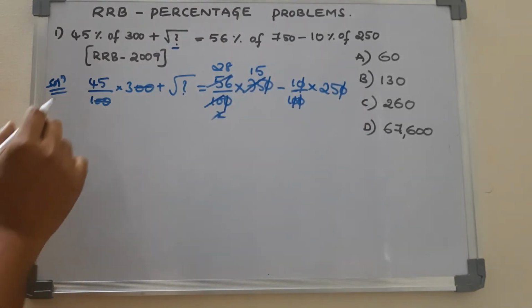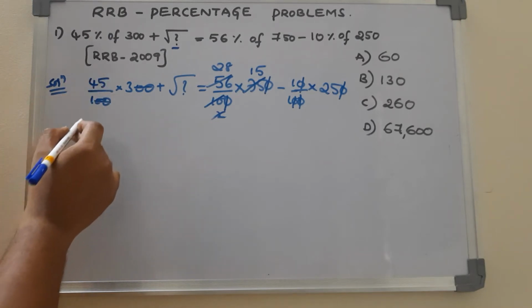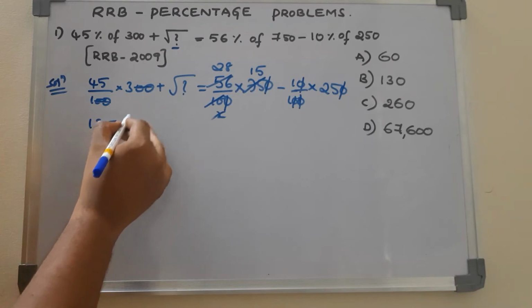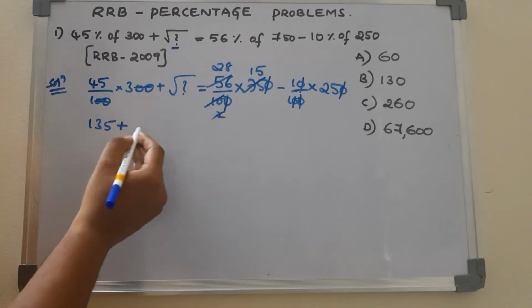Just write down 45 multiplied by 3, that means 135, plus just consider this question mark as x.